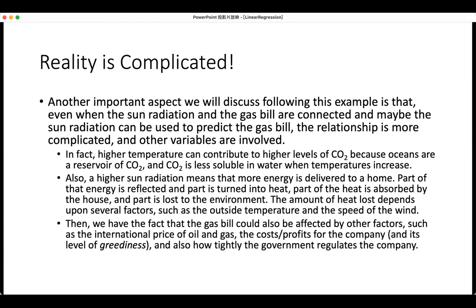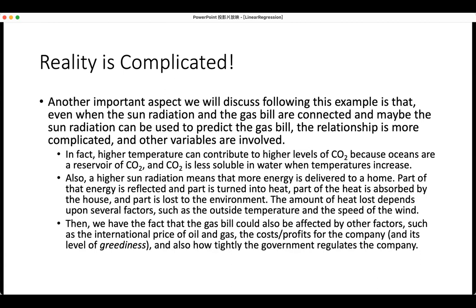When the ocean is heated up, the CO2 in the ocean will be released to the air. So if you ask whether higher temperature causes more CO2, if you are in Earth science, your answer is actually yes.